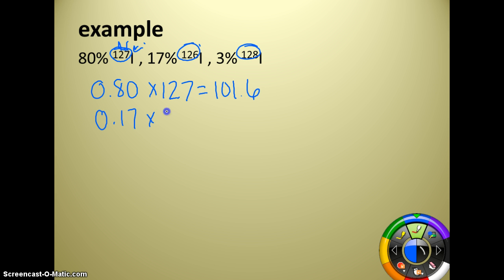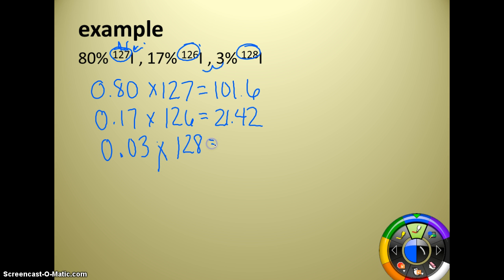0.17 times 126 gives us 21.42, and then the last one, 2 spaces, would be 0.03 times 128. That gives us 3.84.